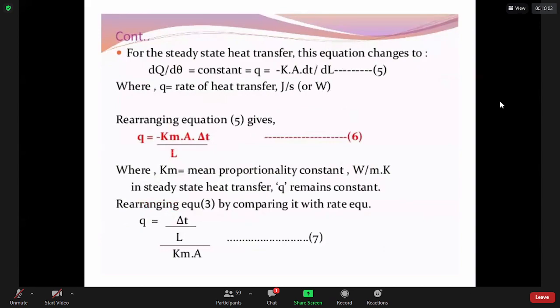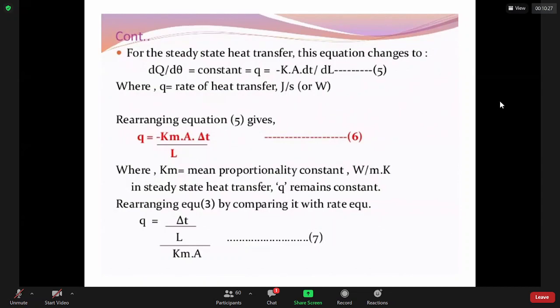Now for steady state heat transfer, this equation changes to dQ over d theta. So that means that the rate is constant. We are having a steady state heat transfer, so the rate is constant. The rate is the change of heat per unit time.